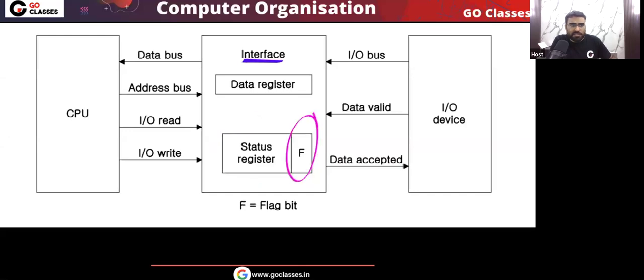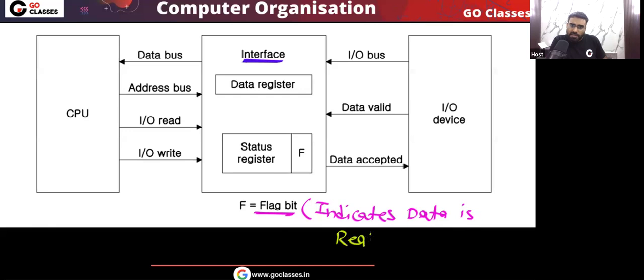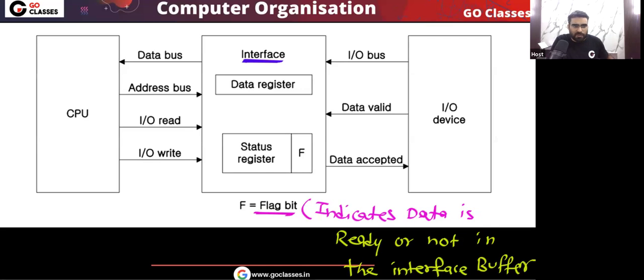In the status register, this is your flag bit, which basically indicates whether data is ready or not in the interface buffer, because this data register is also called the buffer.